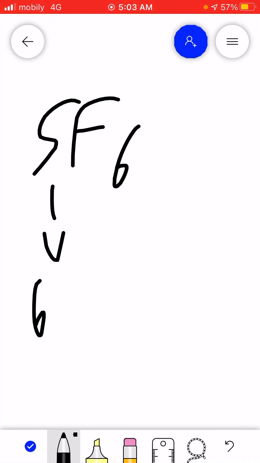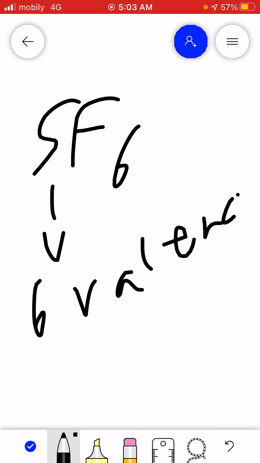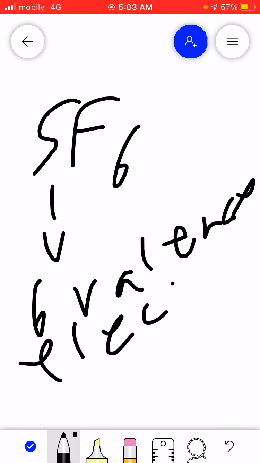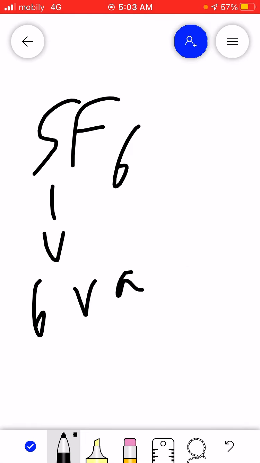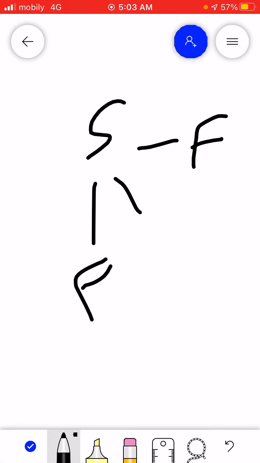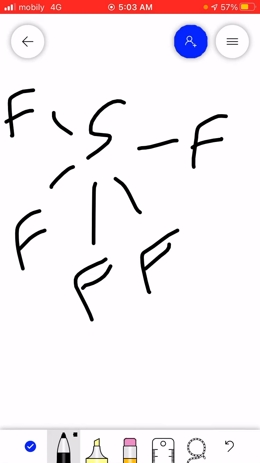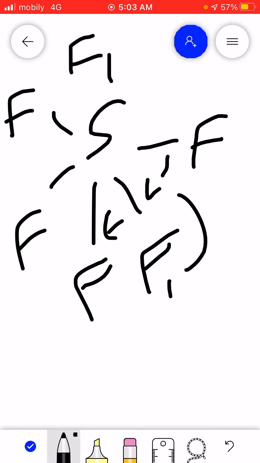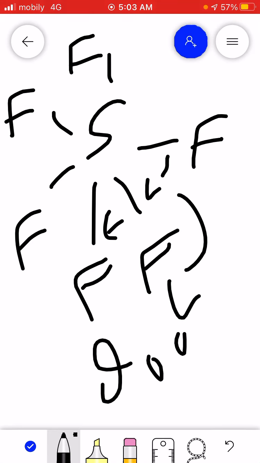Sulfur contains 6 valence electrons, so it contains 6 bonds. The angle is 90 degrees each, and basically there are no lone pairs on sulfur.